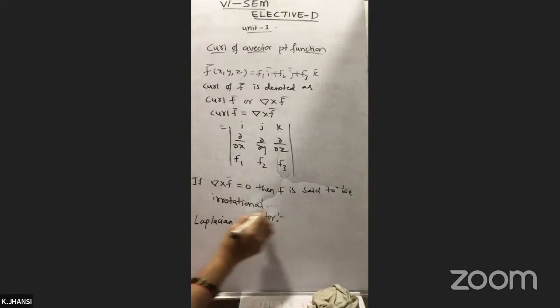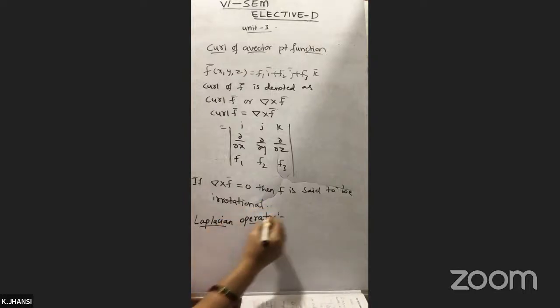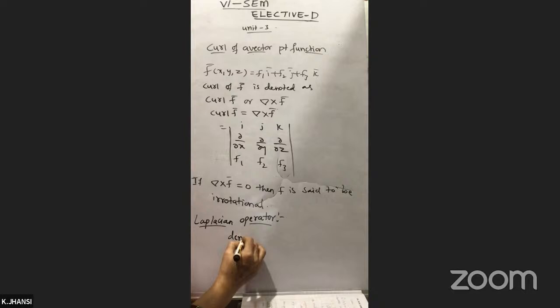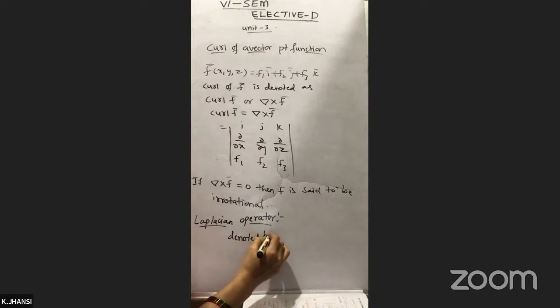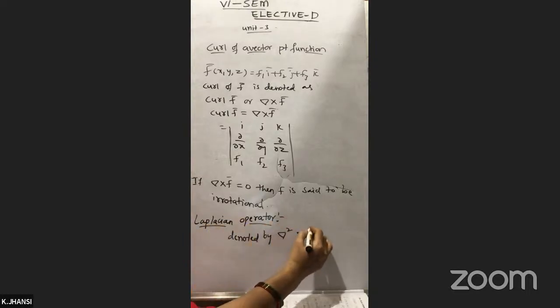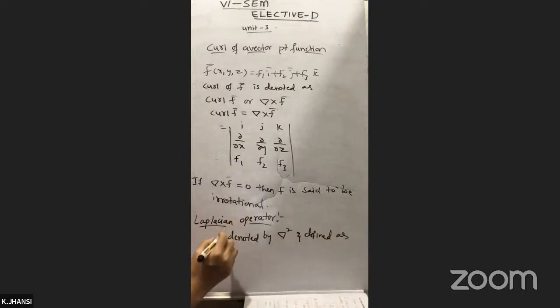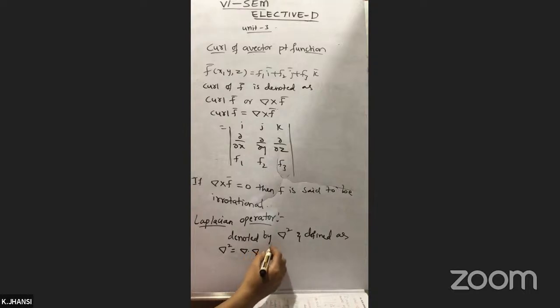On this also you will get questions. The Laplacian operator is denoted by del square, and it is defined as del square equals del dot del. Del dot del is called del square.